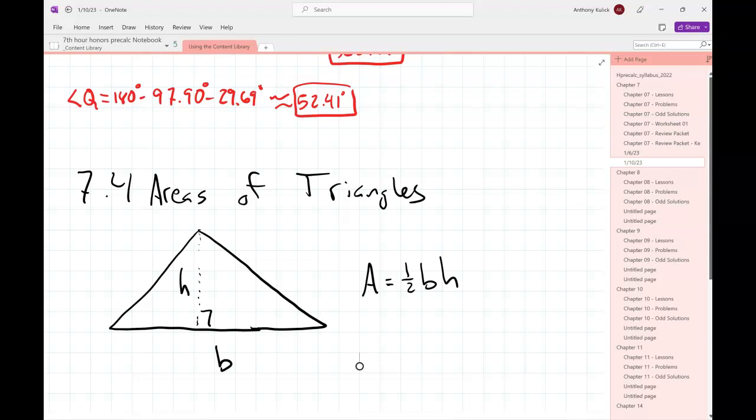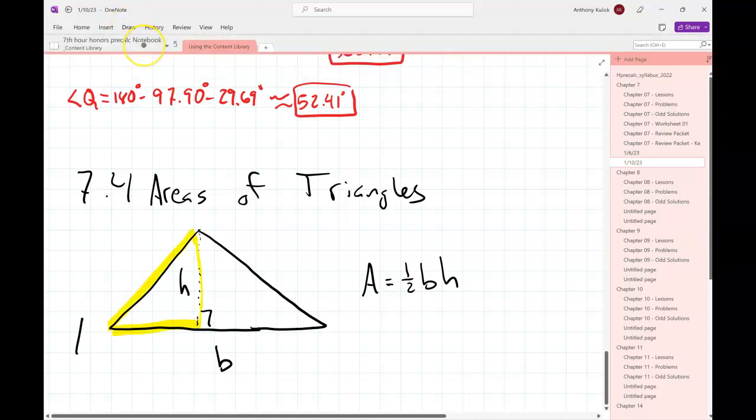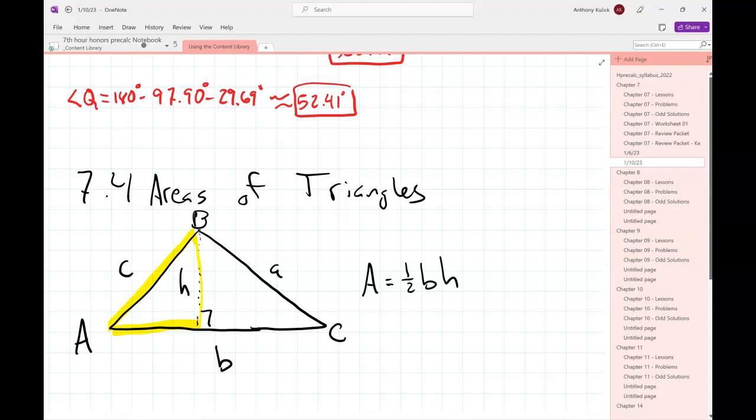Okay? So what I think about here is, let's give this stuff a name. Call that A, B, C. I chose to put B at the top this time so that I already labeled the one side as little b for base. So the little b can still be the name for it. Felt less confusing to do it that way.